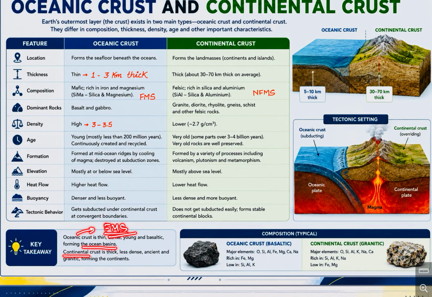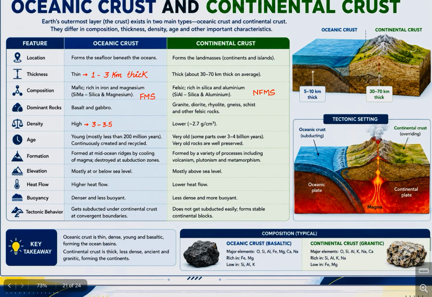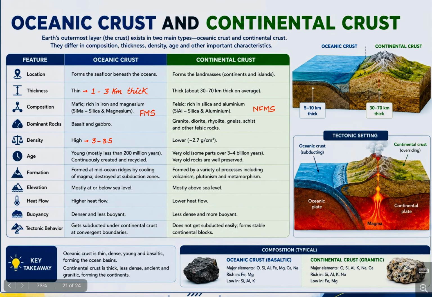Whereas the continental crust is thick but less dense, ancient, and mostly dominated by granitic rock, and it forms the continents. It is non-ferromagnesian silicate. And this is how the subduction happens. This I have already explained. So yeah, this was a basic difference between the oceanic crust and the continental crust.